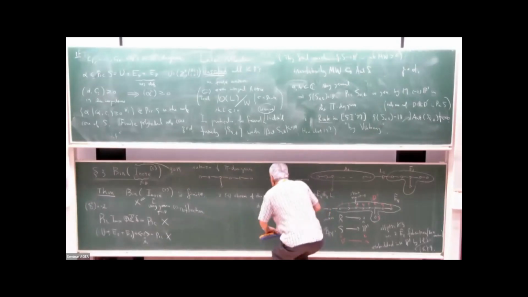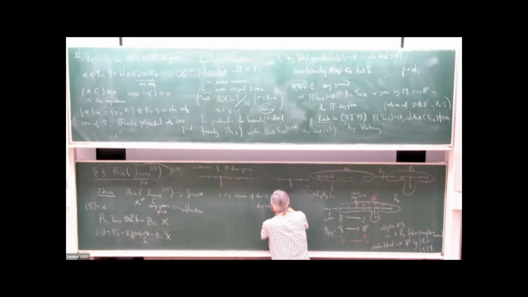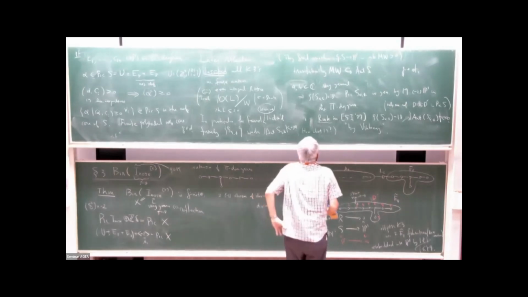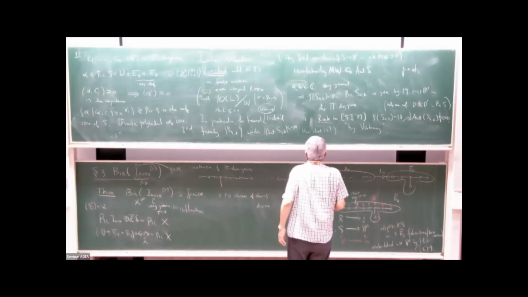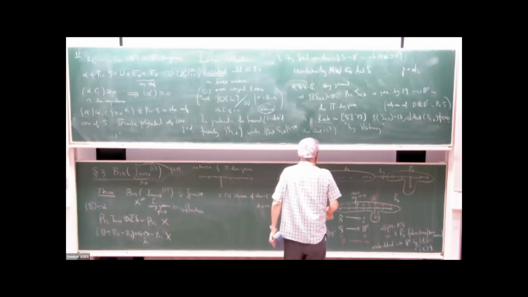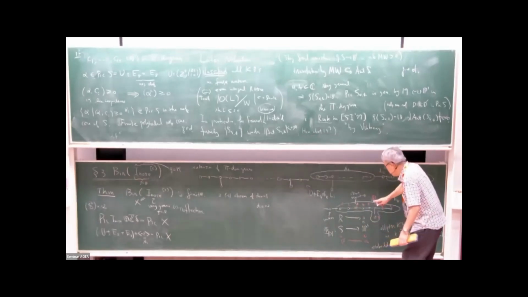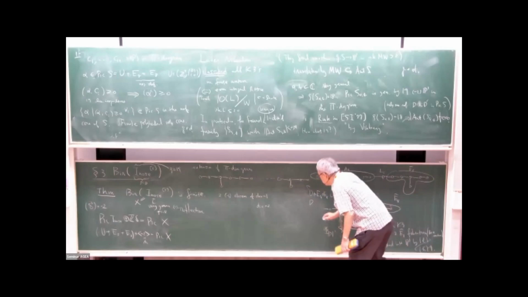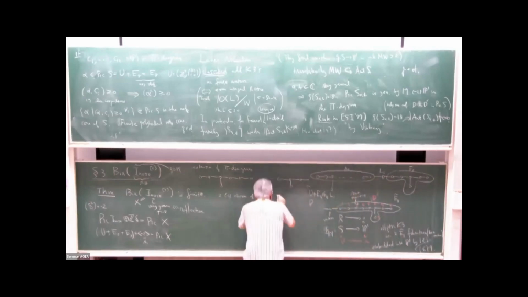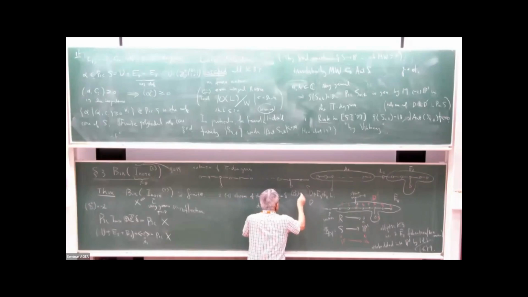The easiest one is F. I'm sorry, I used bad notation. Here I remain with D, so this is D. D minus delta is 1, so D squared is 0. So this is an elliptic fibration.